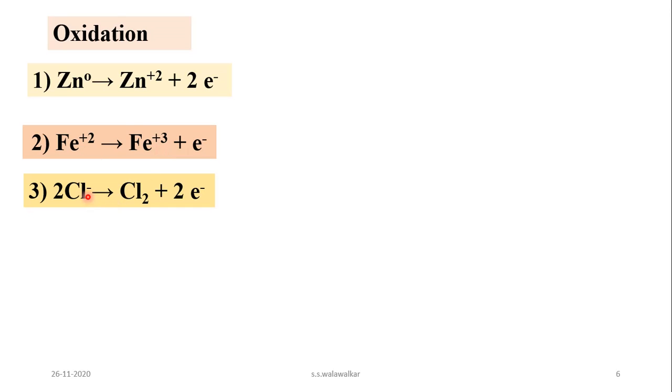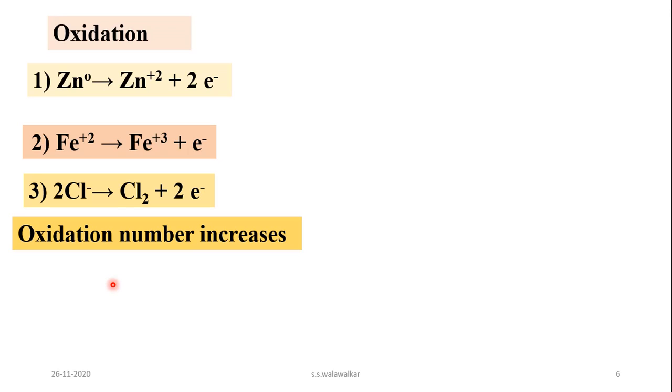Or chloride ion, its oxidation number is -1. When it loses 2 electrons, the oxidation number becomes 0. So on the basis of oxidation number, oxidation is a process in which the oxidation number of a species increases. It is called oxidation.